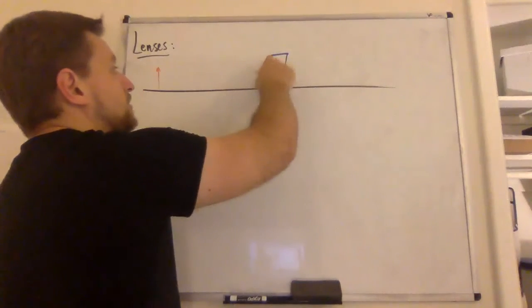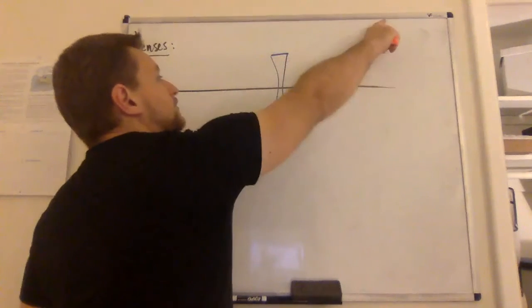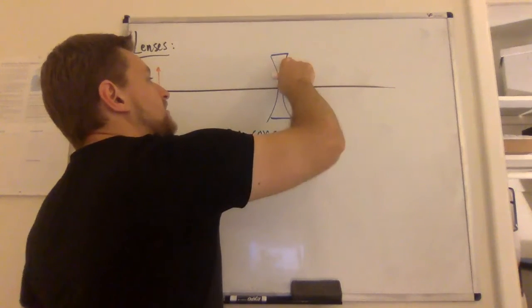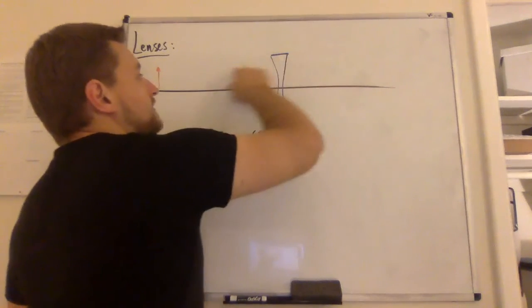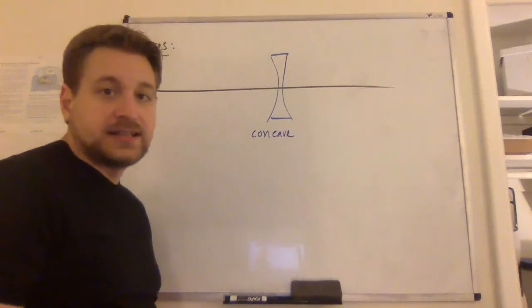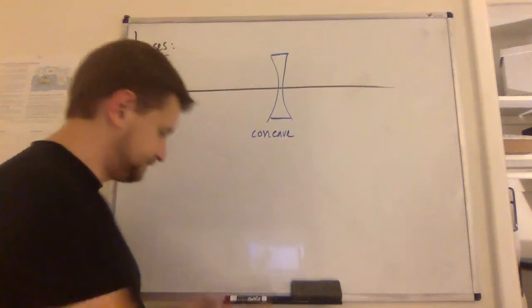The rays that come in refract a little bit inside, and then they hit this boundary, and they have the same kind of angle that they did. You draw it this way.